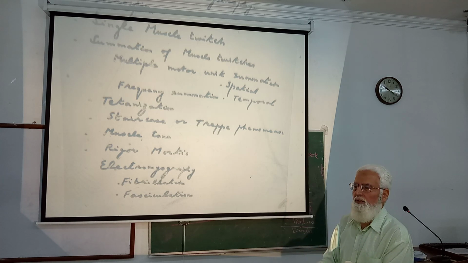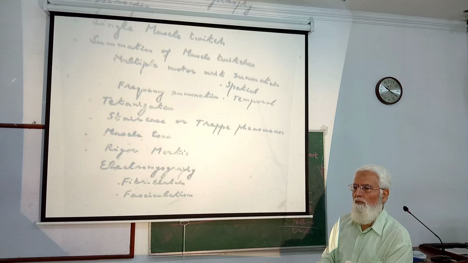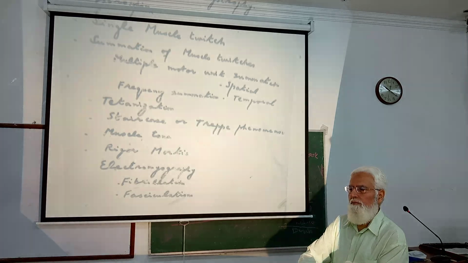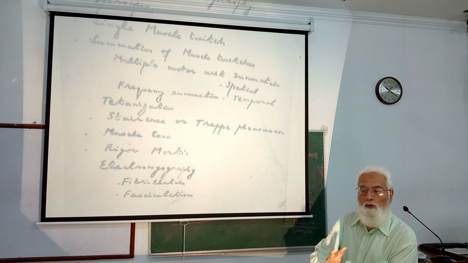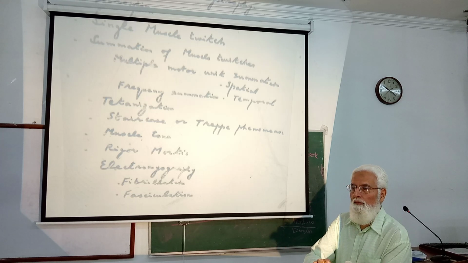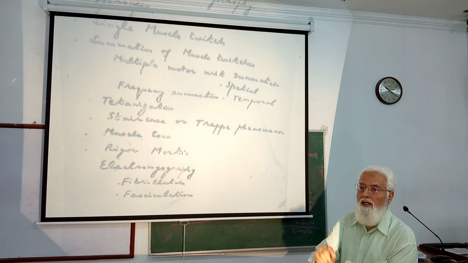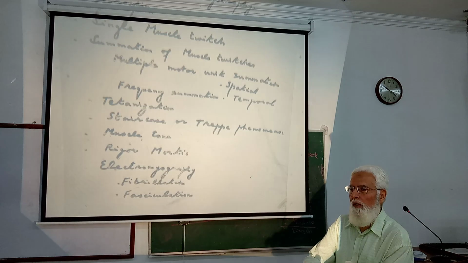So rigor mortis, what is the mechanism? Why does it develop? Now after death, ATP is not available. So when there is no ATP, myosin heads cannot be detached from the active sites on the actin filament.